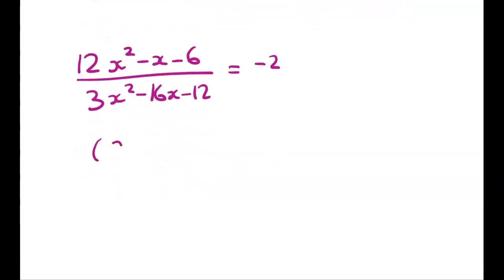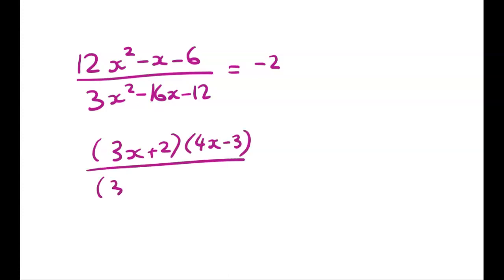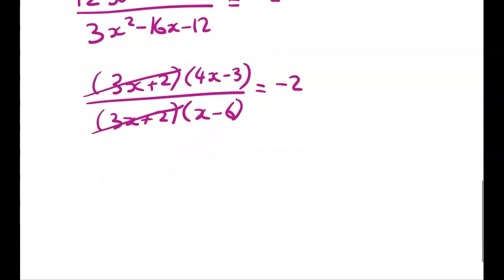We can write this now as 3x plus 2 times 4x minus 3, over 3x plus 2 times x minus 6, equals negative 2. We can divide through by 3x plus 2, leaving me with just 4x minus 3 over x minus 6 is equal to negative 2.